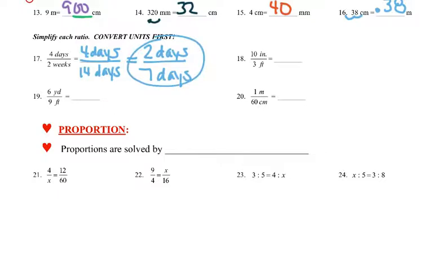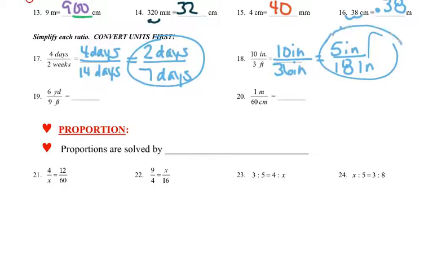Inches and feet, 10 inches, 3 feet. How many inches in 3 feet? Right, 36 inches. Then I reduce that, 5 inches over 18 inches. And inches is still part of the answer.